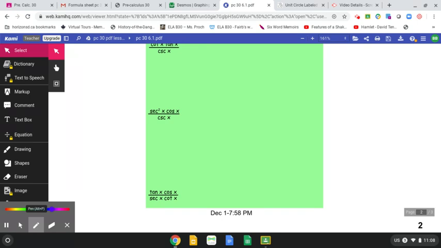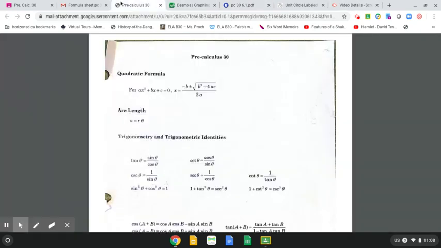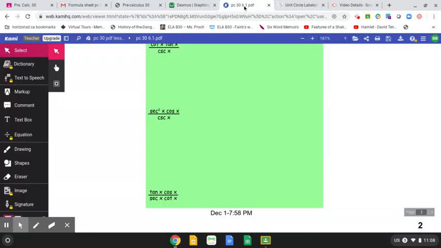So anyways, we were just simplifying some trig functions. Now, trig functions, we have that formula sheet again. At the end of that video, I had just almost finished this question right here.